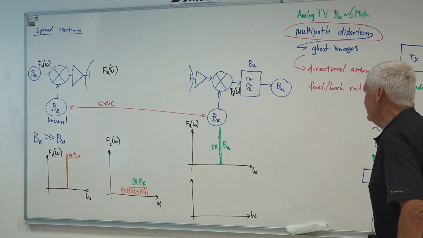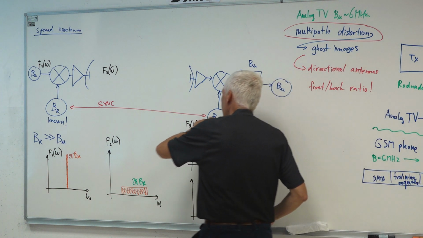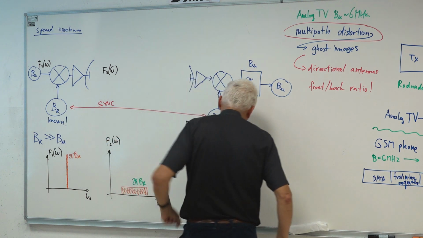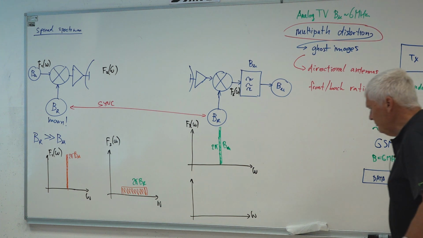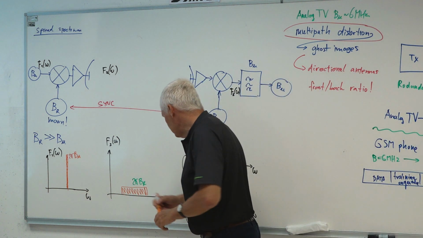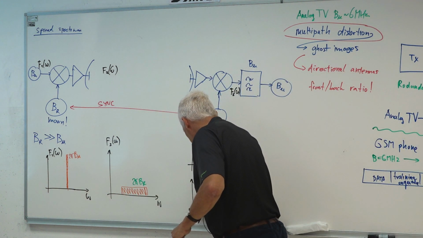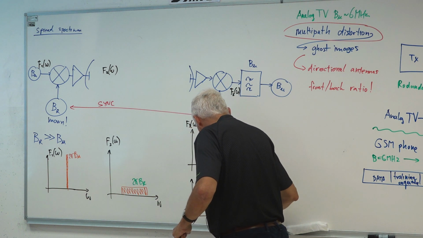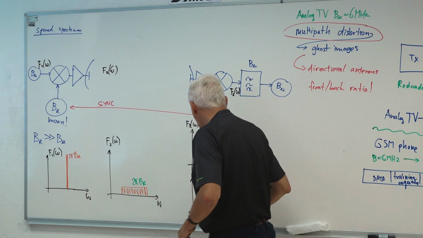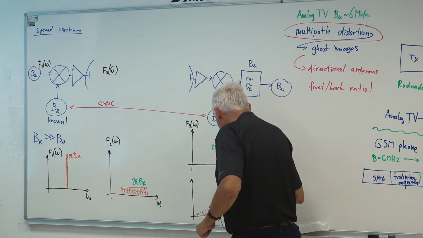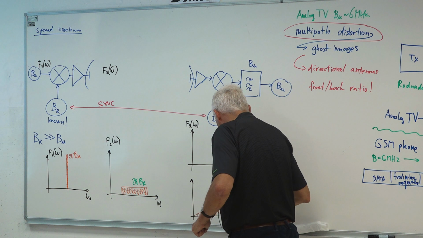But if these two broadband sources are not synchronized, then I get an even much broader signal, twice the bandwidth of this one here. So I get a much broader signal this way. Much broader signal. So this is twice 2 pi BR.